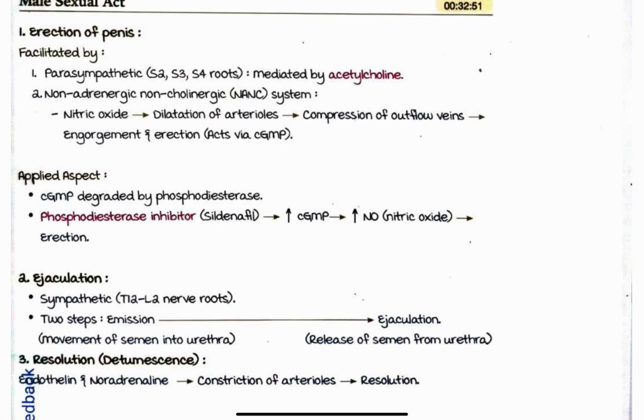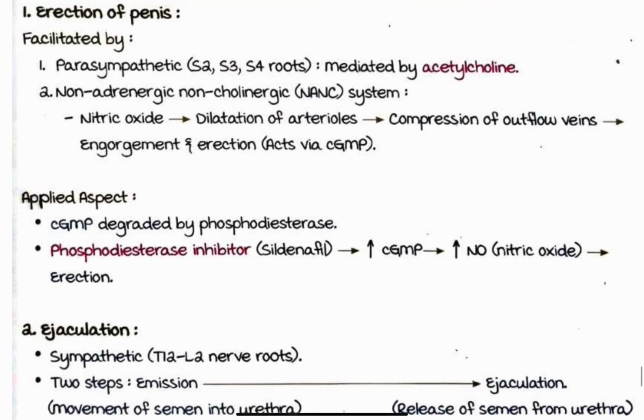Male sexual act. Erection of the penis is facilitated by parasympathetic sacral 2, 3, and 4 roots, mediated by acetylcholine and the non-adrenergic, non-cholinergic system, nitric oxide. Dilatation of arterioles, compression of outflow veins, engorgement and erection, acting via cyclic GMP.